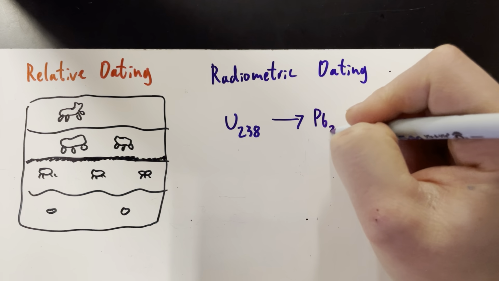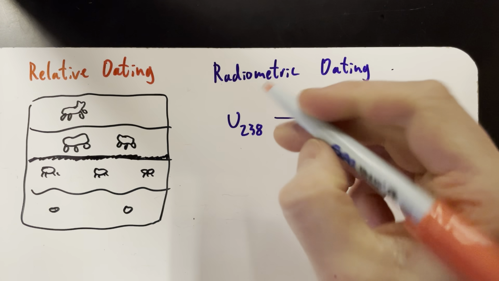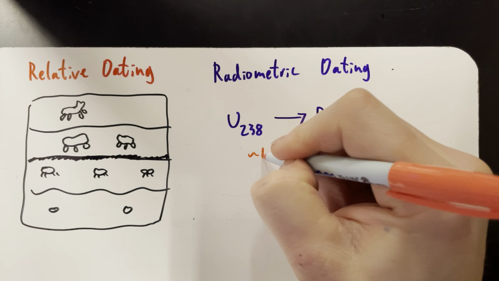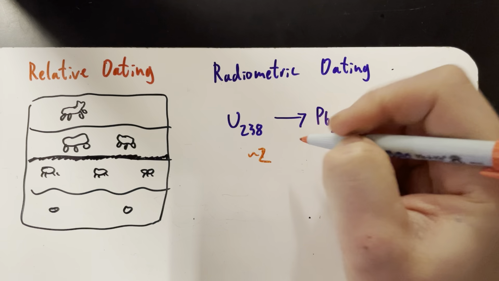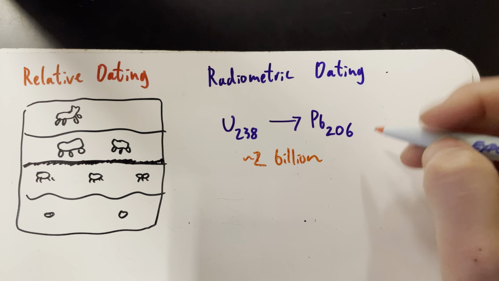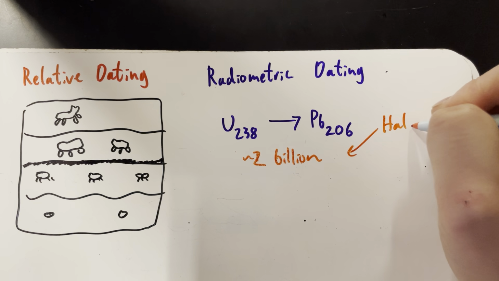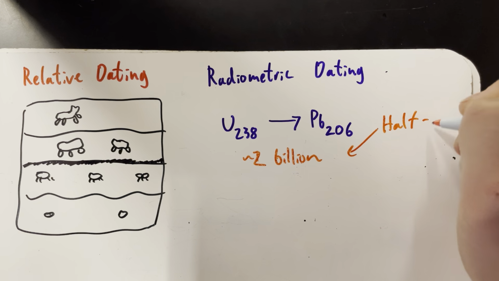How long does it take? Billions of years, actually, on this one. About 2 billion years, and specifically, this is a half-life. That means over the course of 2 billion years, not all of the uranium will turn into lead.